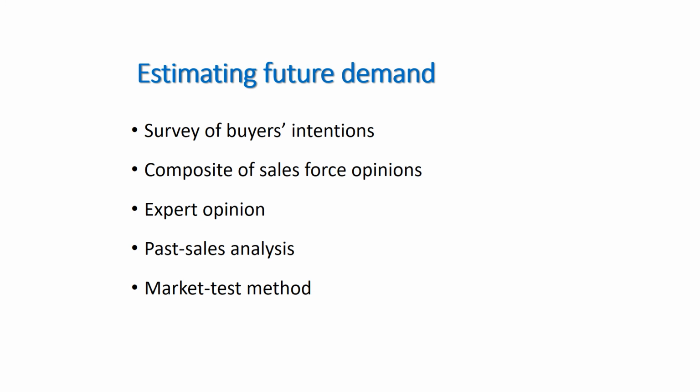Estimating future demand can be done by survey of buyers' intentions, composite of sales force opinions, expert opinion, past sales analysis, and market test methods. So there are different ways to estimate the future demand.